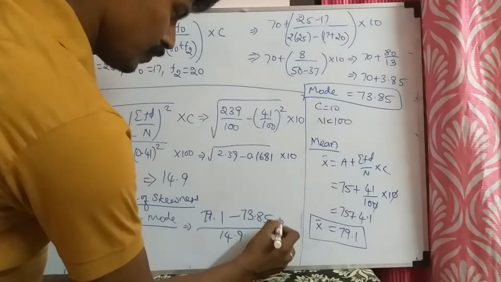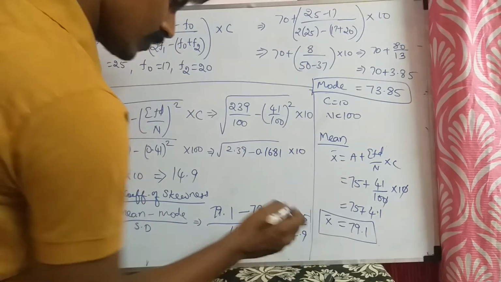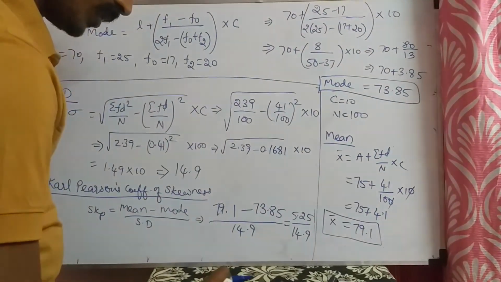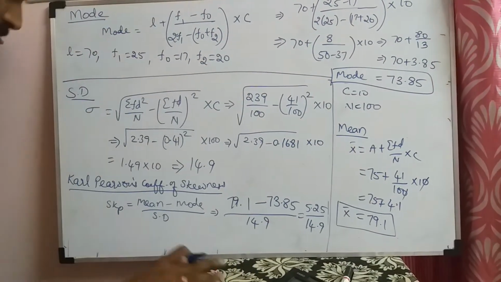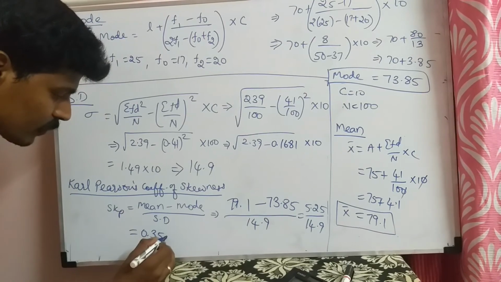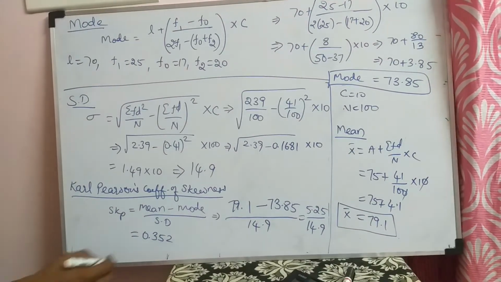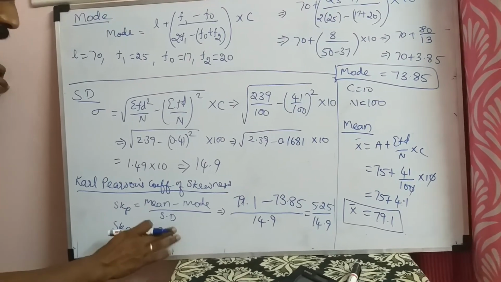So this is 5.25 by 14.9. 5.25 by 14.9 is 0.3523. Two decimals is enough, so 0.35.